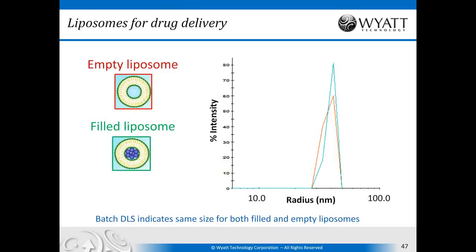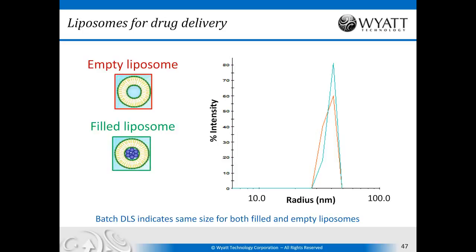Now, liposomes are really popular for using in drug delivery. I think probably half the people I spoke to at CRS were interested in using liposomes for drug delivery. And if you are encapsulating a drug in your liposome and measure the sizes using DLS, you'll get no difference in radius. The 2 different liposomes, filled and empty, will have the same size.